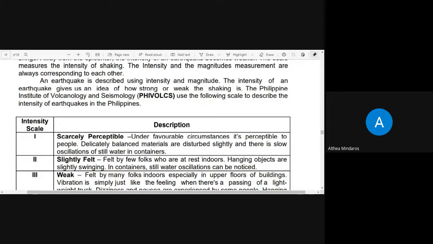Again, ang epicenter sa linog kay naa sa Cagayan de Oro City. Question, asa sa mga tao ang maka-experience of higher intensity? Nasa dool, or nasa layo? Nasa dool, ma'am.